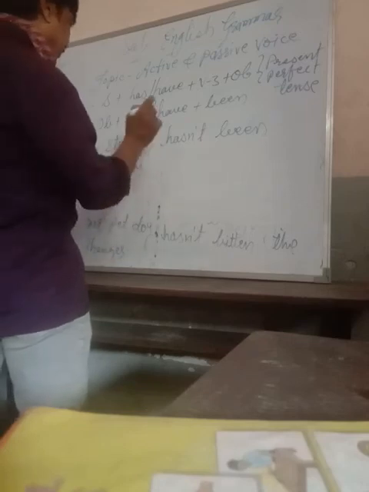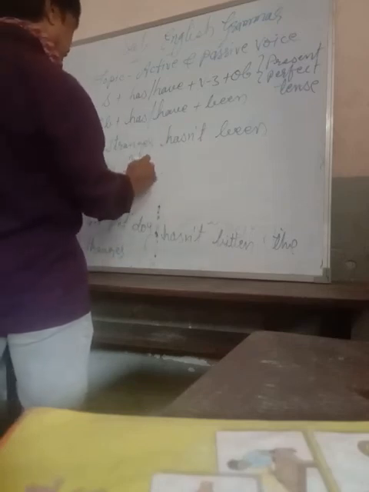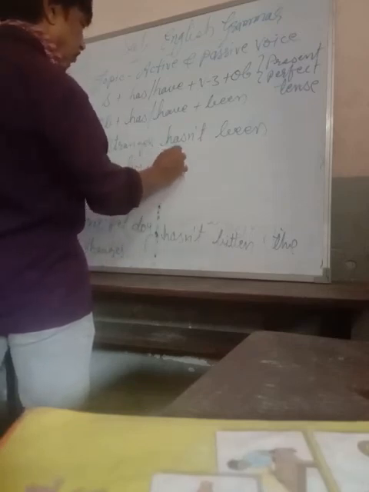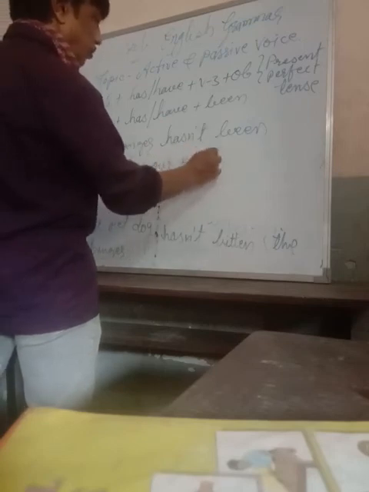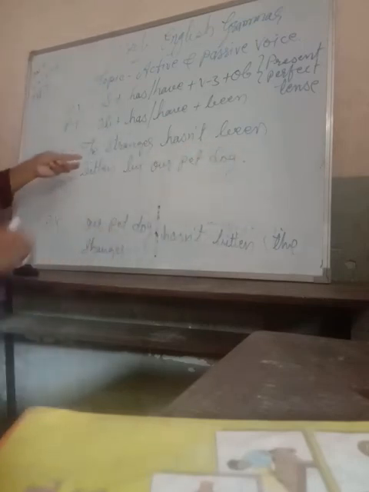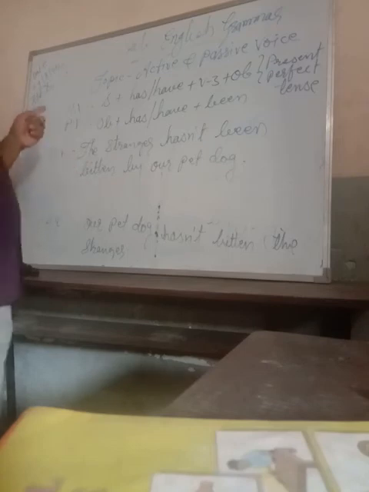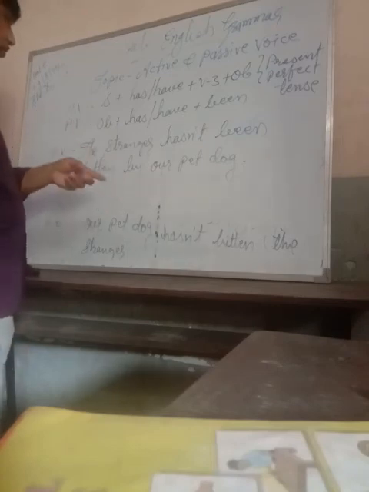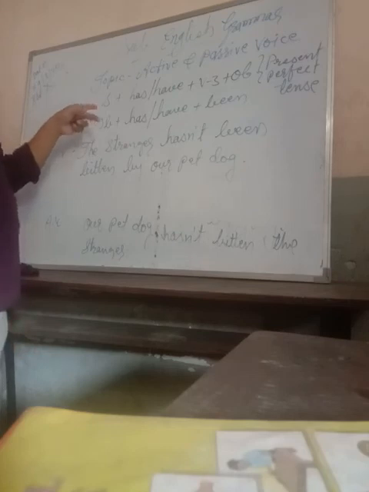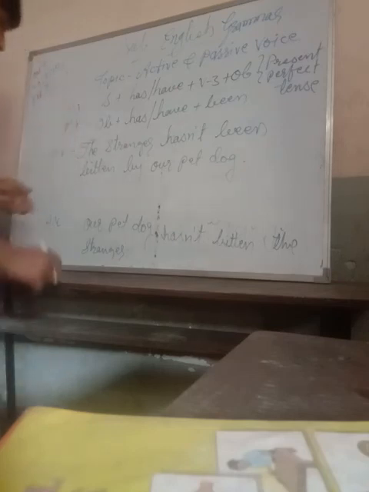Our pet dog is a subject. By our pet dog. Look here. The stranger hasn't been beaten by a pet dog. So, third form is already given in this tense because it's a perfect tense. Present perfect. Got it now?